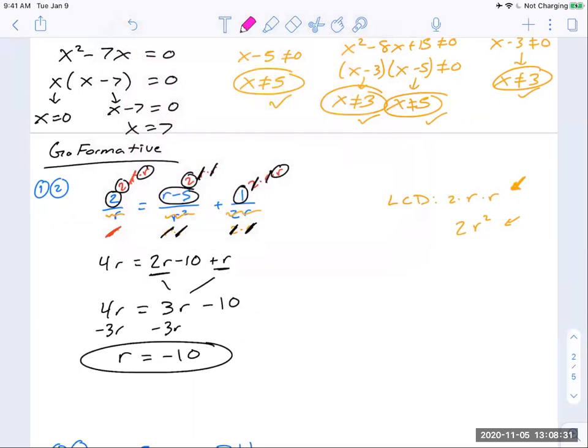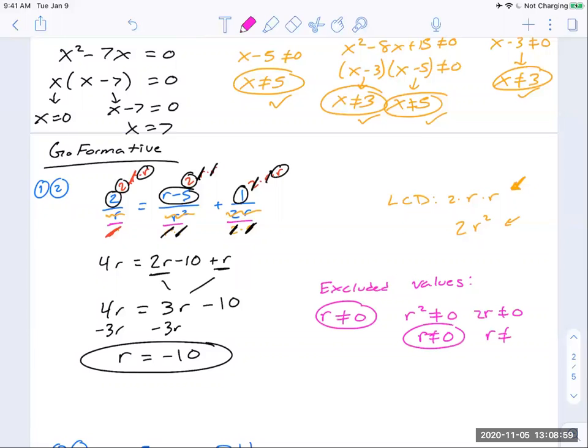We can't forget excluded values. I'm going to look at these three pieces. I get R can't equal 0, R can't equal 0, and R can't equal 0.